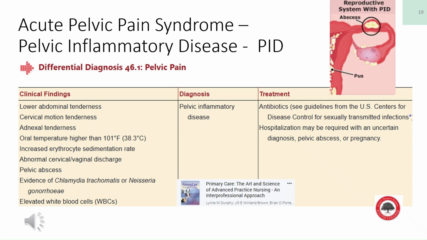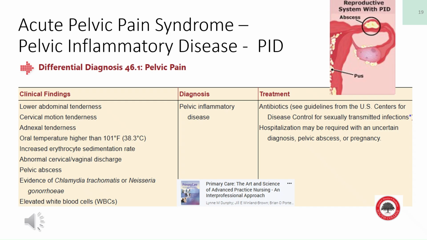There is also acute pelvic pain, which can be the result of pelvic disorders, including pelvic inflammatory disease, PID, a ruptured ovarian cyst, torsion of the ovary, fallopian tube, ectopic pregnancy with rupture.